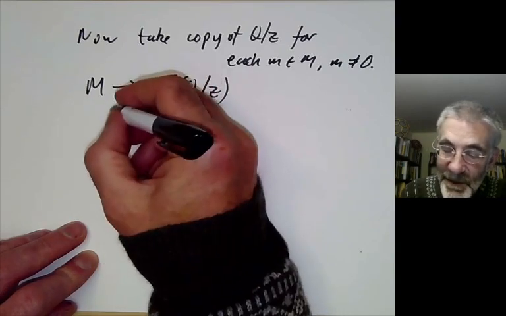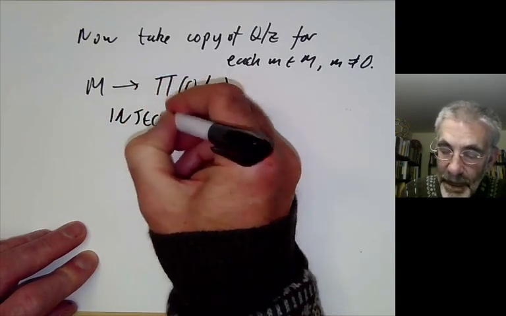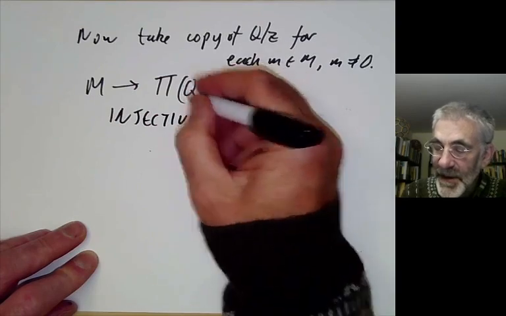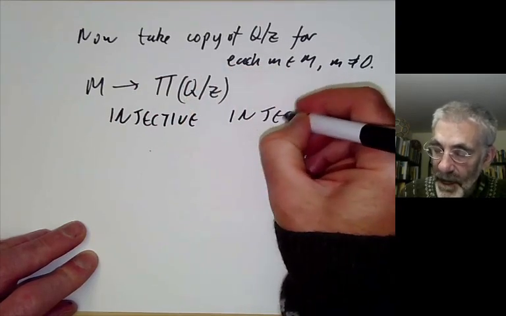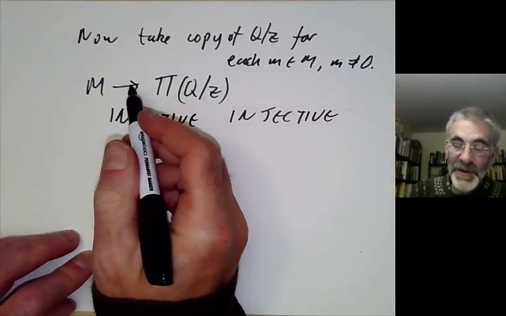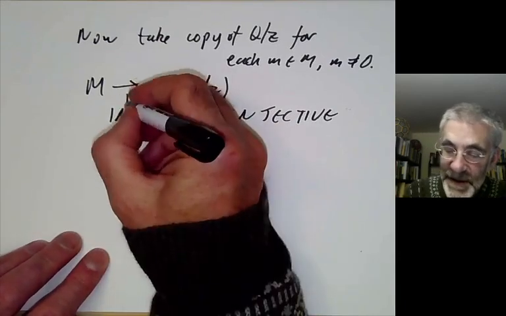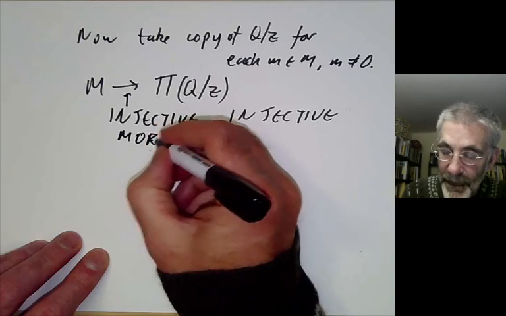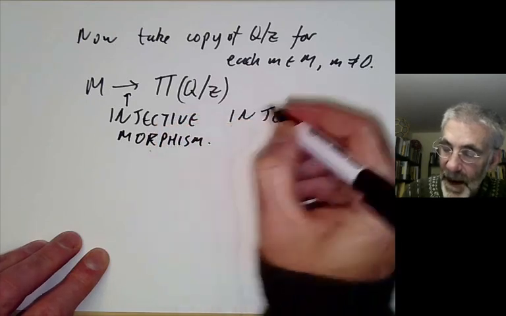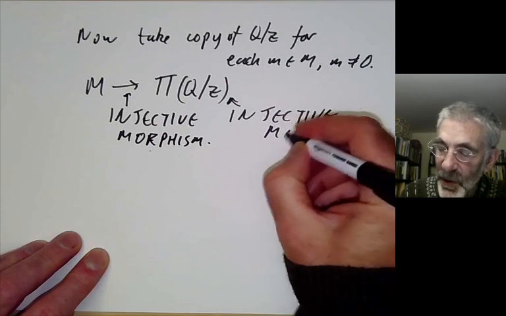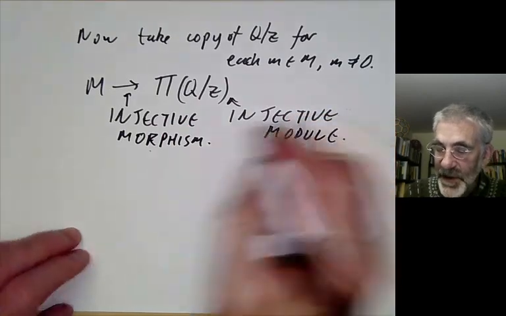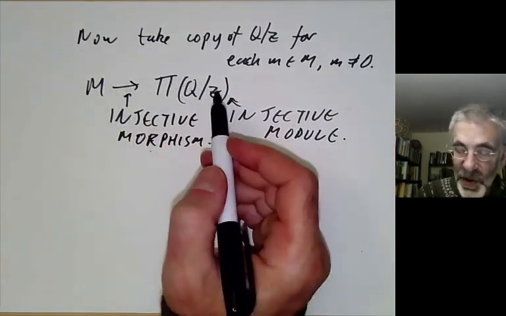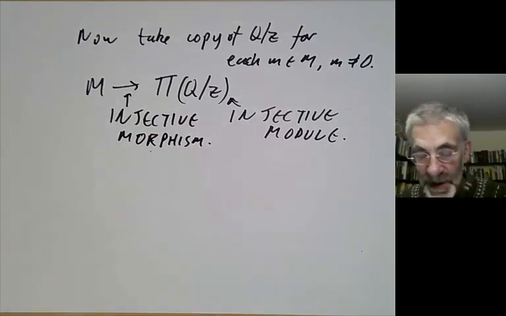So this map will then be injective. And this group is also injective. This is getting a bit confusing because I'm using injective in two different senses. So this is an injective morphism, and this thing here is an injective module. So we've got an injective map from M to an injective module, which is what we wanted.